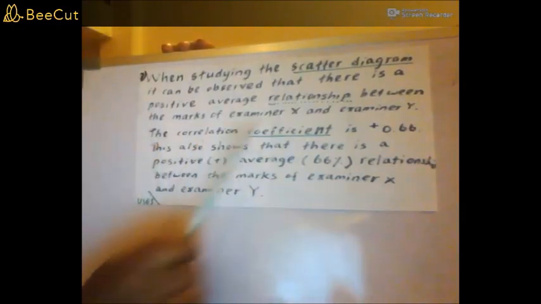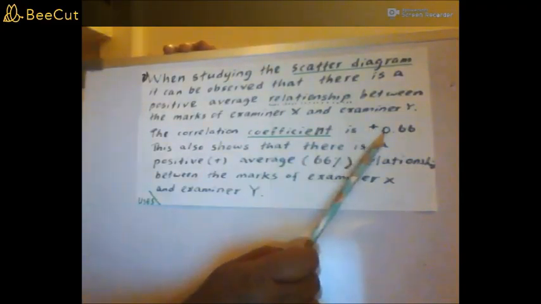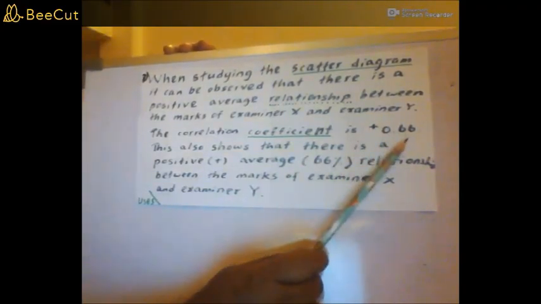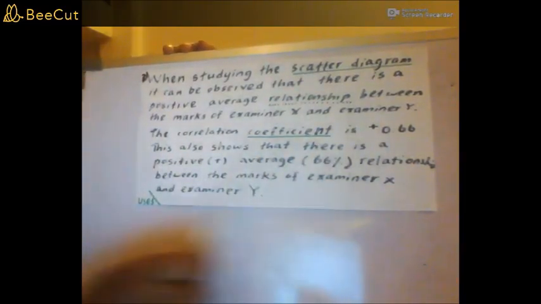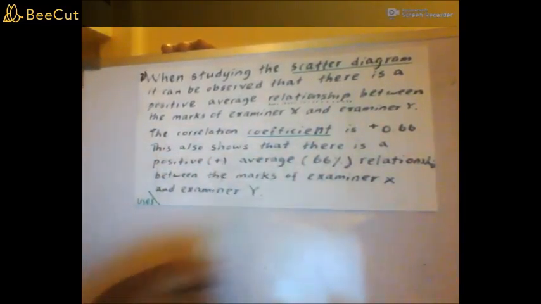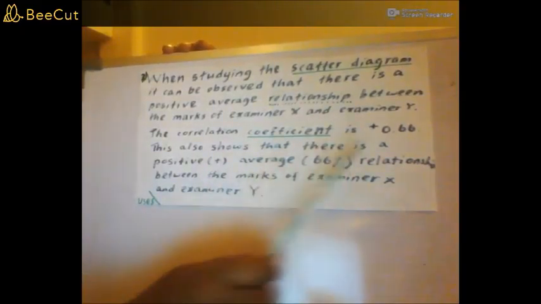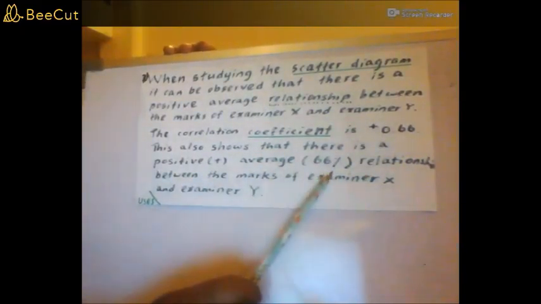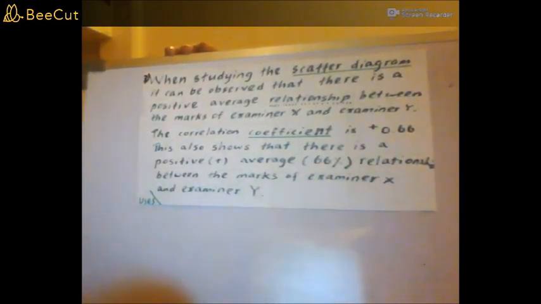The correlation coefficient is, put the sign here, plus 0.66. This also shows that there is a positive, because of this sign, right? Positive average. Why average? 66%. Average relationship between the marks of examiner X and examiner Y.